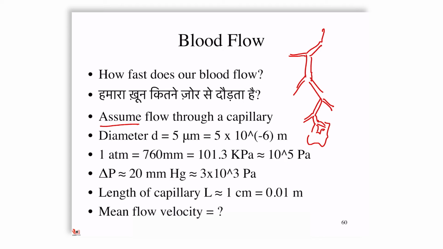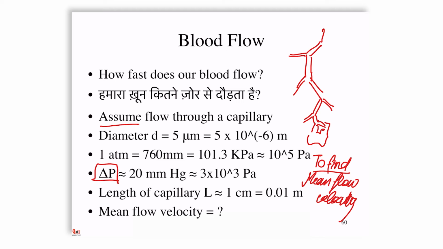In order to calculate the rate of flow or velocity of flow, we will aim to calculate the average flow rate or mean flow velocity of blood. In order to complete this calculation, we need a few more details. We need delta P, which means we need to know the pressure difference between two ends of a blood vessel.